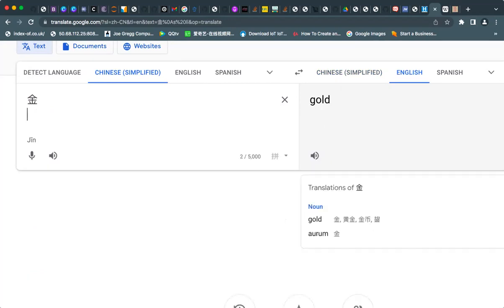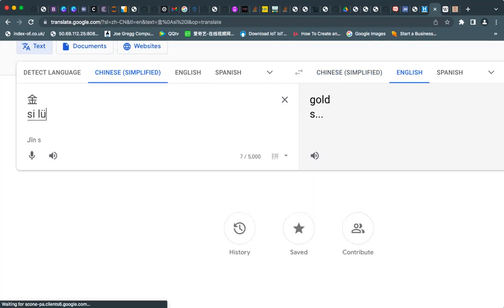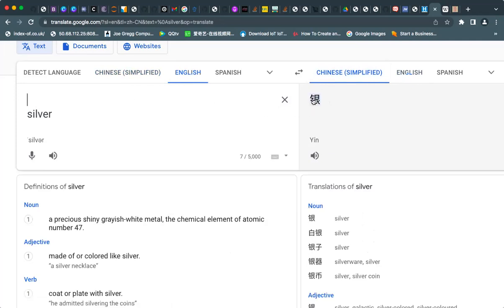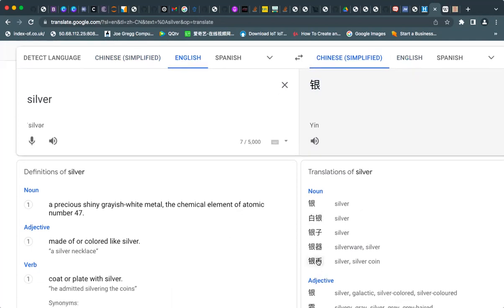Silver is also a metal, I think. Okay, I'm going to have to take away this character. All right, so you see that metal component is now squashed on the side. So you're going to see a lot of this on the side, and you see that it has to do with metal.